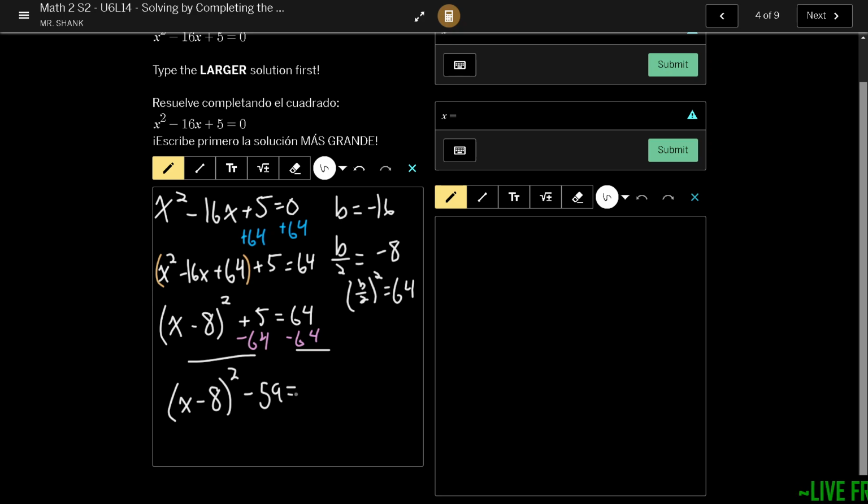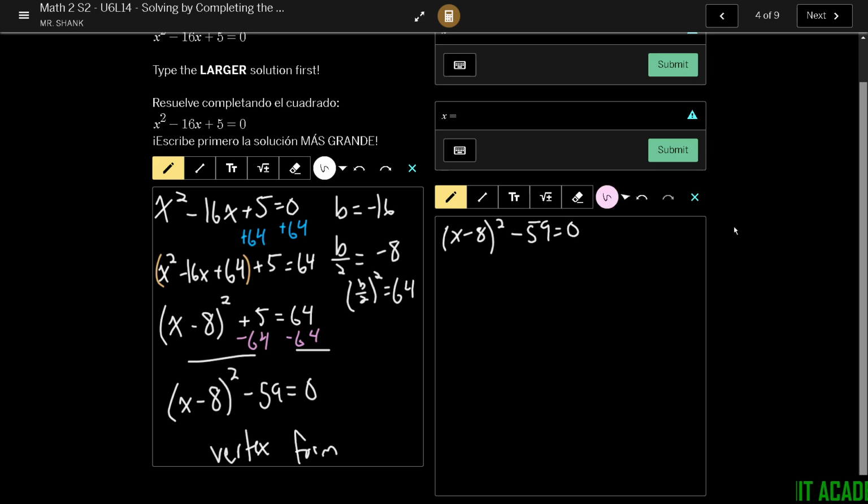Yeah, just double checking. Negative 59 equals 0. And this is our vertex form. All right. So once we have our vertex form, we can shift to the new workspace. And we're going to say, all right, I have x minus 8 squared minus 59 equals 0.